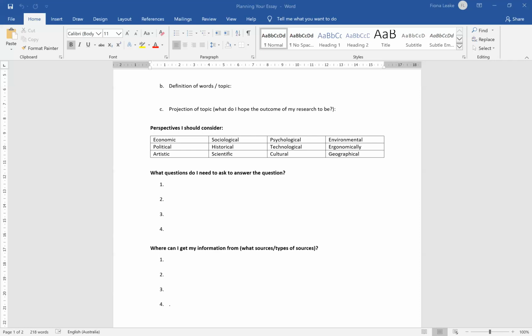So if I'm looking at global warming, but I want to hear from a biased perspective, I want to hear from global warming deniers, I would write global warming is a hoax, H-O-A-X, which means that someone's made it up. It's a conspiracy theory. And I'd write that in.